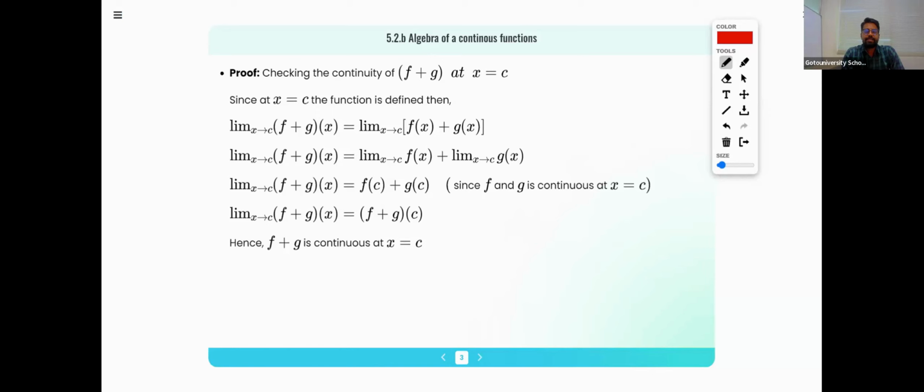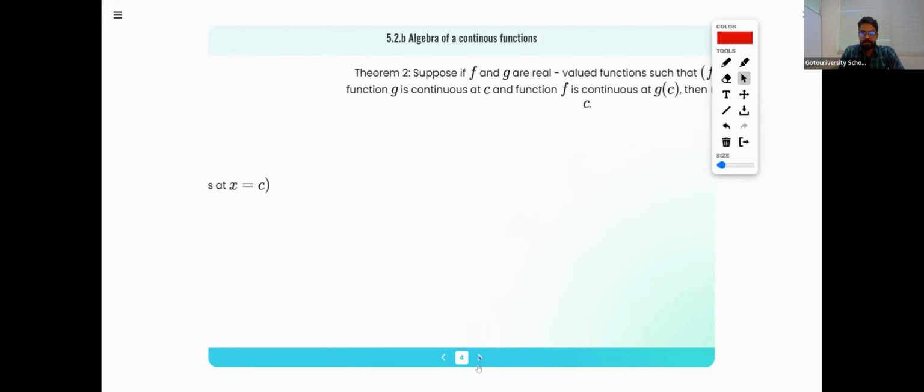Since the function is defined at c, we can say limit of x approaches c of the sum of these two is equal to the sum of the limits, because they are continuous functions. So this is how we are proving that. You can check the proof of this part. Okay, as the limit exists for the addition, they are continuous even after adding the values. Similar proof can be used for addition, subtraction, division, as well as multiplication, provided the denominator is not equal to 0.